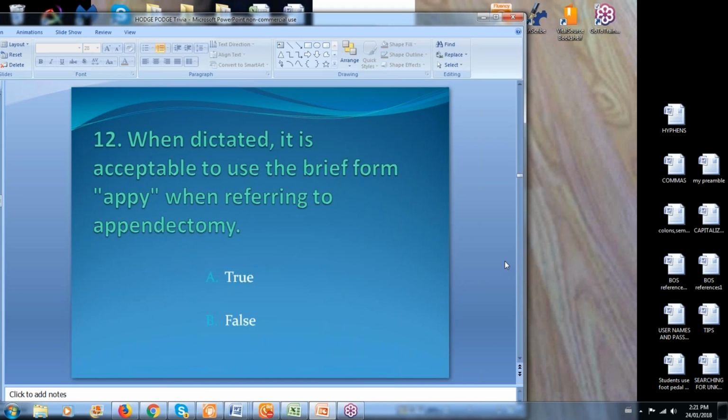Okay, number 12. When dictated, it is acceptable to use the brief form appy when referring to appendectomy. A, true, B, false.